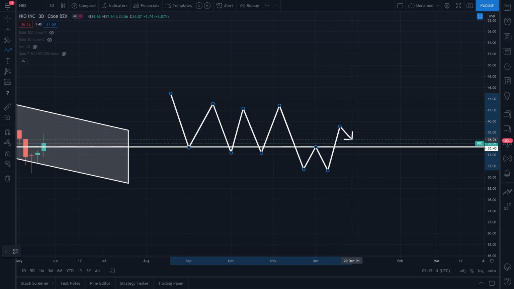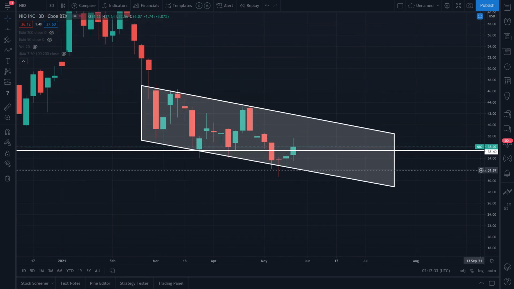Because the buyers break back above that support line and then come back down and use it as support, what do you think will happen next? Well, the buyers will take that opportunity to push the price to the upside as long as it cannot get back below the $35 level. That's it. Super simple. So that's where the market is right now.